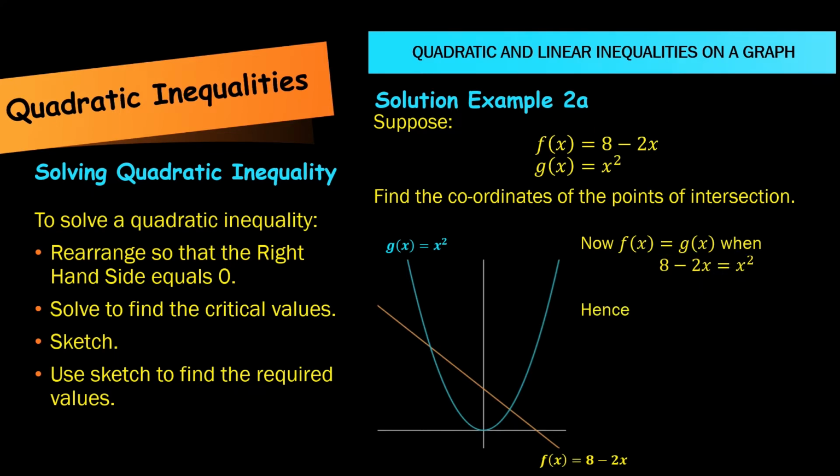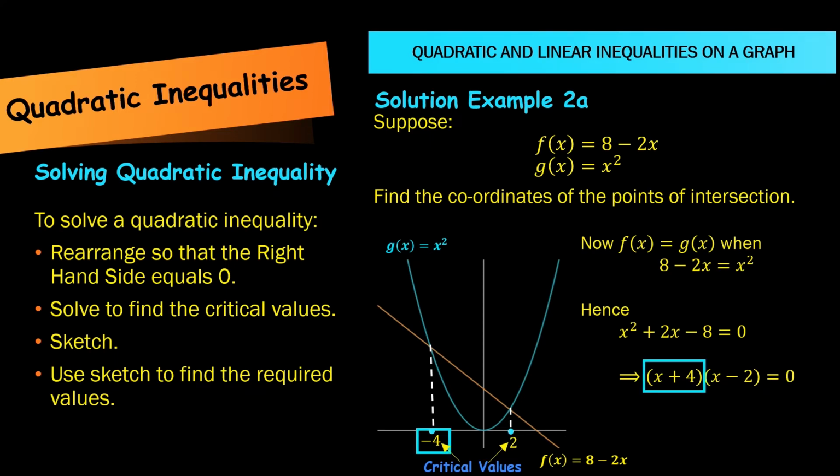And therefore, if we rearrange this equation and then factorise, as shown, we obtain that the critical values are either x equals minus 4 or x equals 2, as shown.